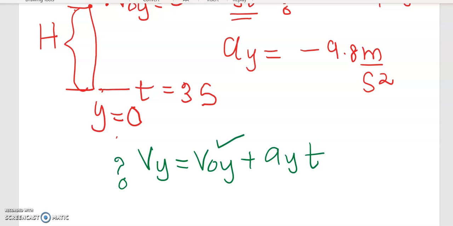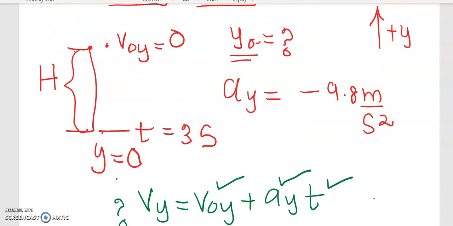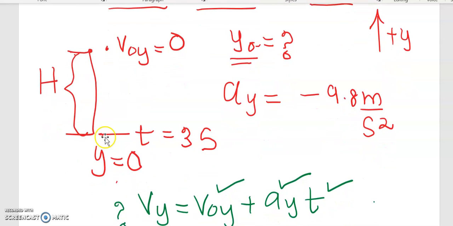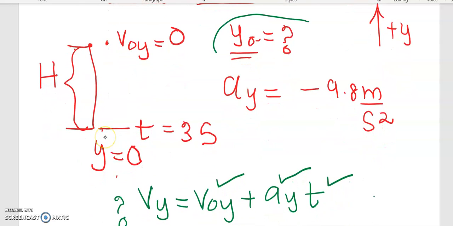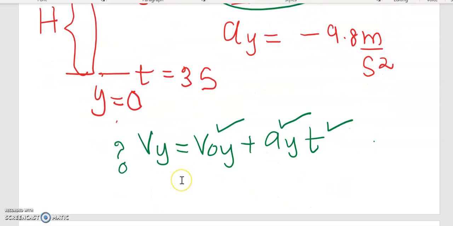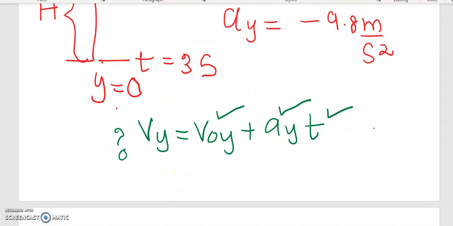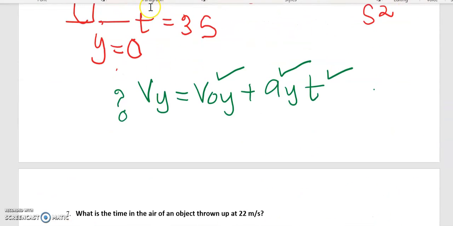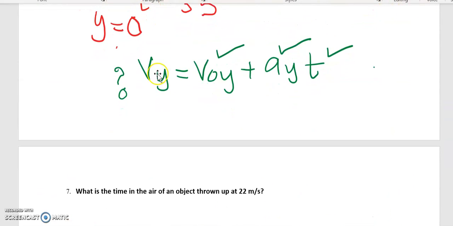We do know the initial, the acceleration, and the time. But this gives you final y velocity. Is that what we are solving for? No, we are trying to solve for the height of the building, the initial y position. So this equation does not give us the correct answer, so you can cross it out.